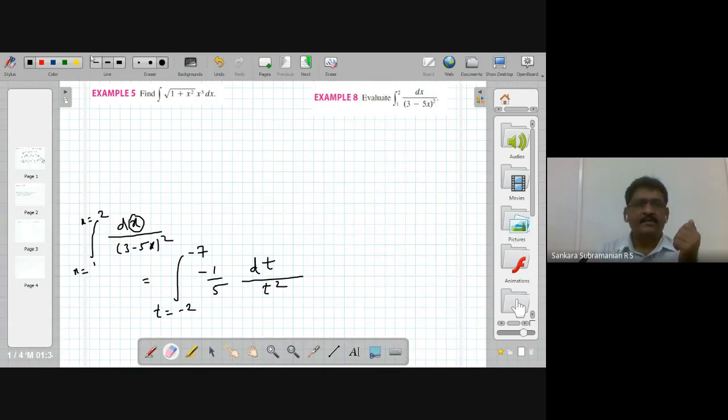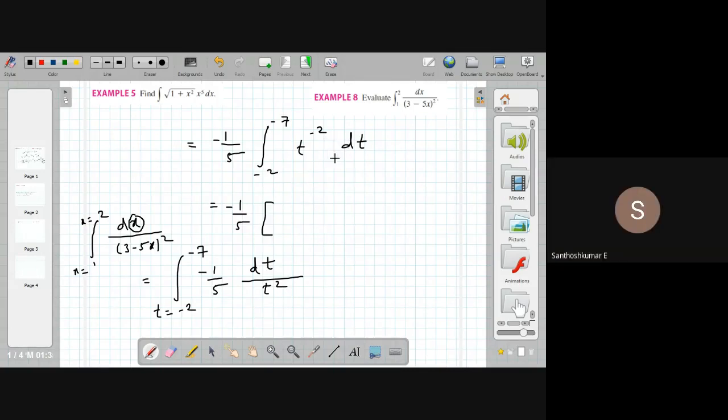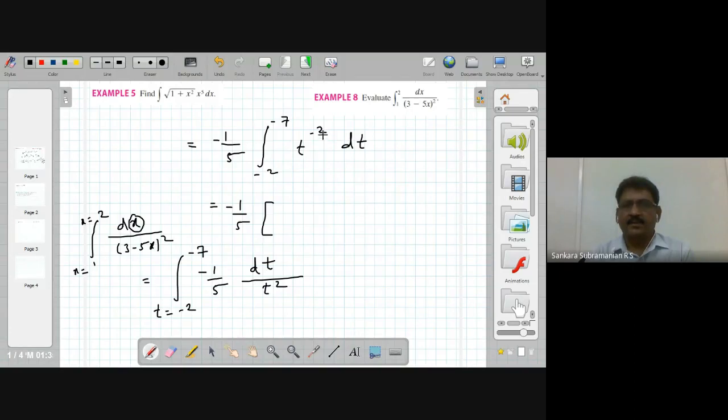Now this is very easy for you, right? Because this minus 1 by 5 can be taken out. And this is integral minus 2 to minus 7 of t to the power minus 2 dt, which is minus 1 by 5 times t to the power minus 2 plus 1 by minus 2 plus 1.